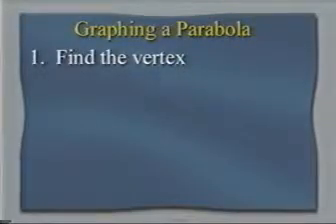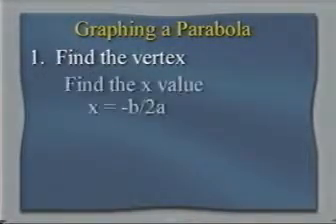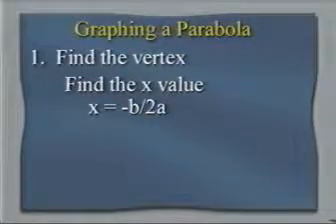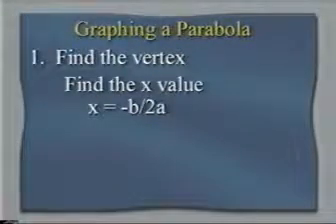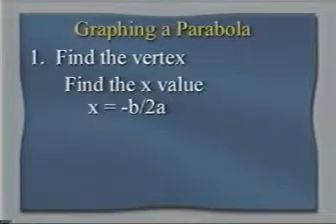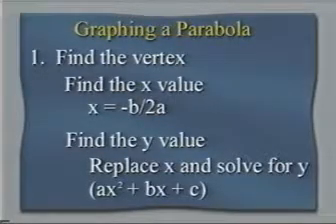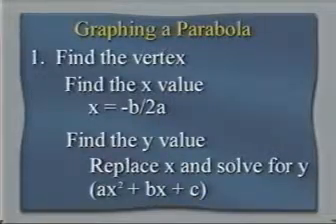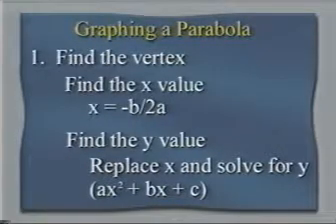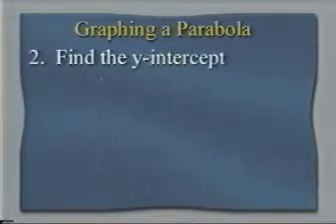The vertex is obtained by solving for x equals negative b over 2a, where again b is the coefficient of x and a is the lead coefficient. Once we have the negative b over 2a, we have the x value, we replace the x in the original equation with that number, and we solve for y and plot the point x comma y. That is the vertex. Then we get the y-intercept.